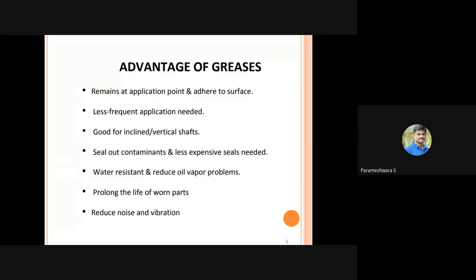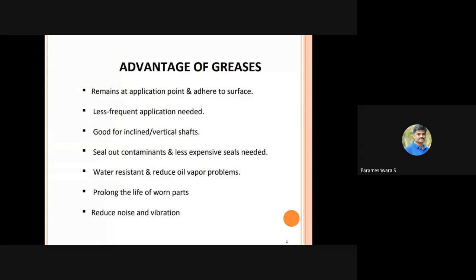See what happens in case of inclined and vertical shafts: if you apply a liquid lubricant, it flows out of the surface, so you cannot have liquid lubricant on it. The next alternative is grease. This grease remains on that surface. Whether the shaft is inclined or vertical, it doesn't matter. It will strictly stick to the surface and perform its job. That is the advantage of grease.